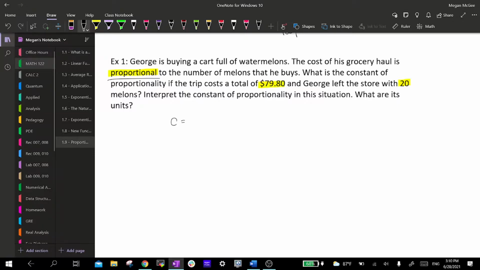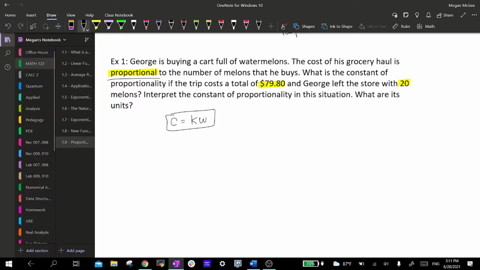So our cost is proportional to, so this is our constant of proportionality, the number of watermelons. I'm going to use W for watermelons. All right, so our cost is proportional to the number of watermelons that he buys. This is our equation.